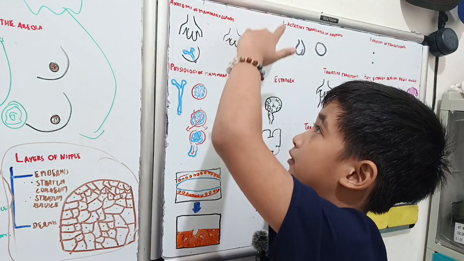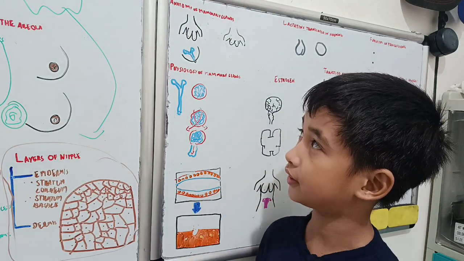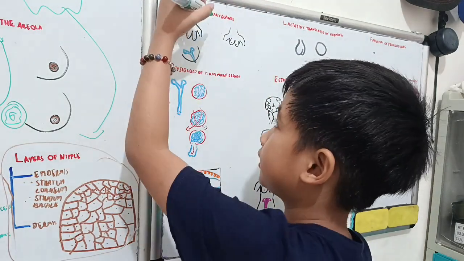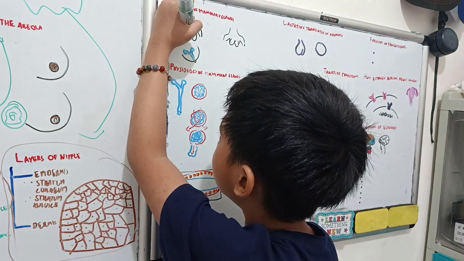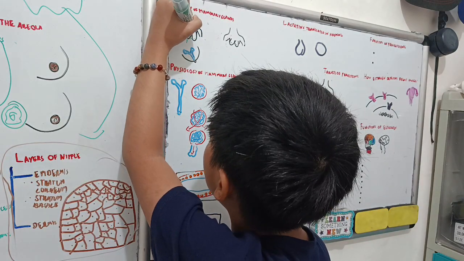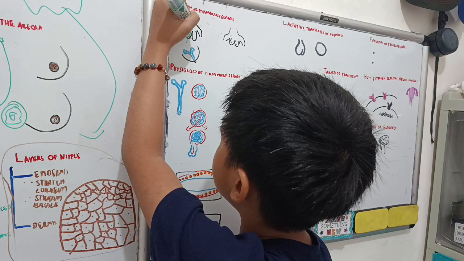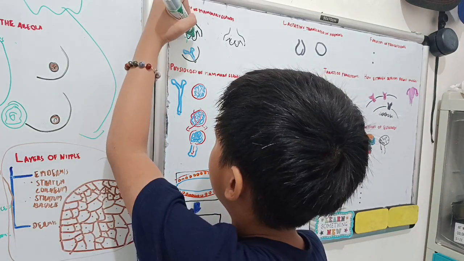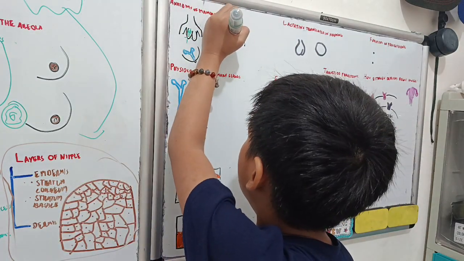Okay, let's talk about the anatomy of the mammary glands next. Where are they located? Let's see a cross section of the breast right here. The mammary glands are somewhere around the nipple.